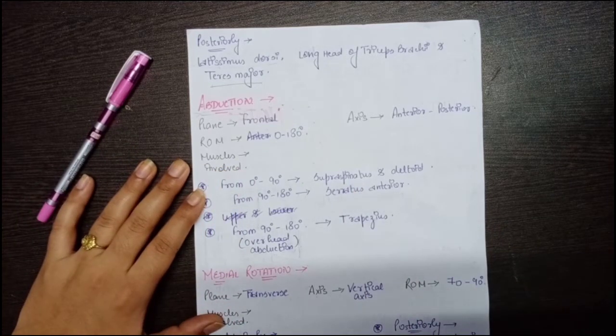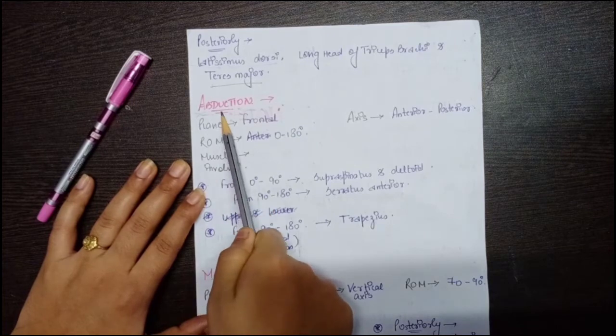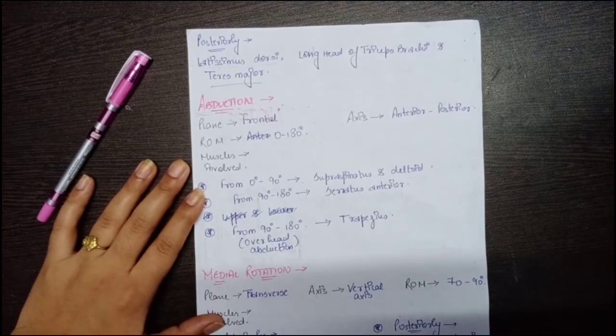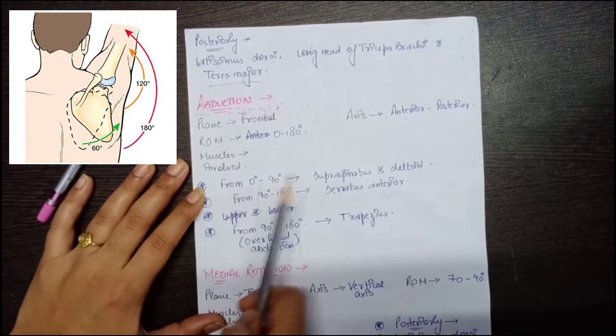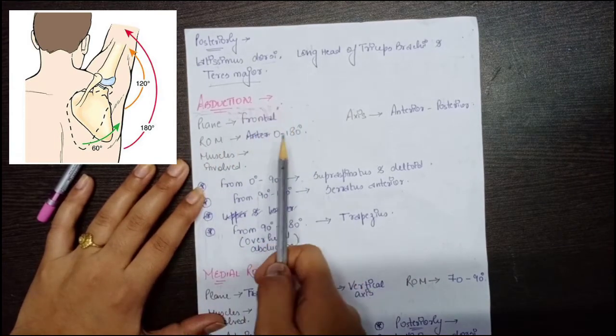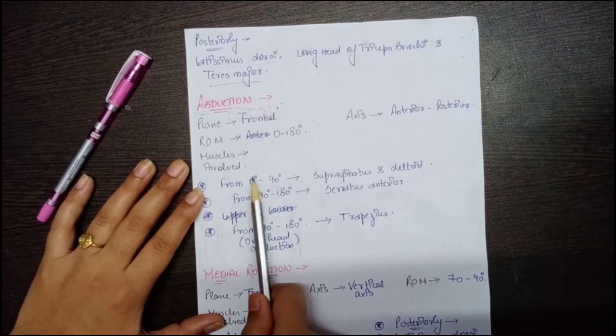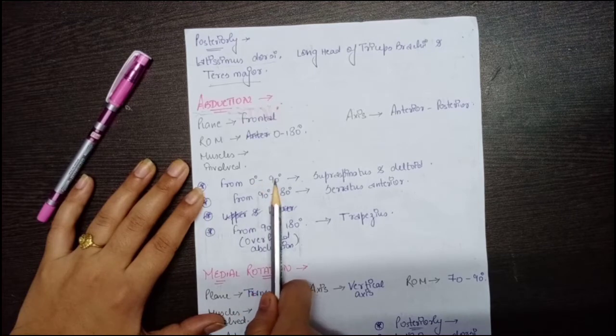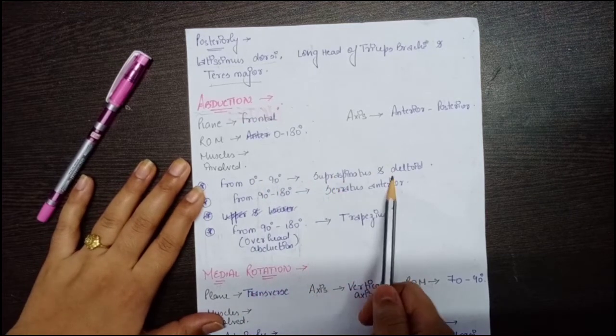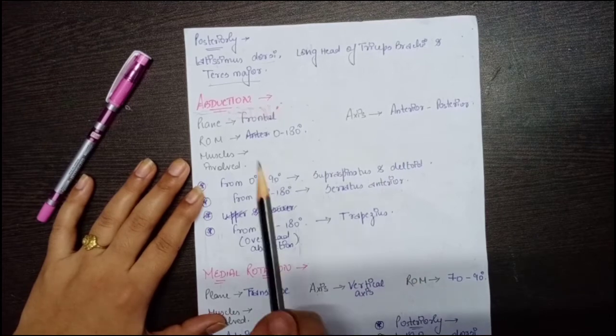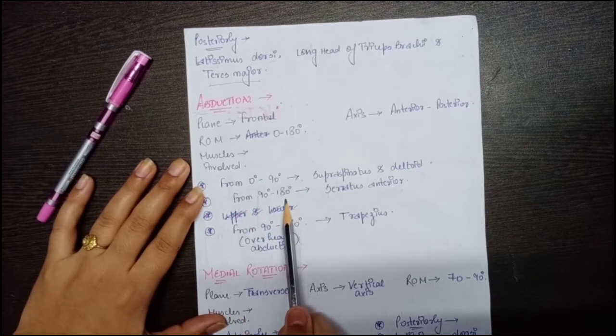One thing, you have abduction and you also have a movement known as overhead abduction. That is taking your arm above your head. So, I told you the range of motion is 0 to 180 degree. From 0 to 90 degree of abduction, supraspinatus and deltoid muscle would be performing. From 90 degree to 180 degree, serratus anterior and trapezius would be performing.